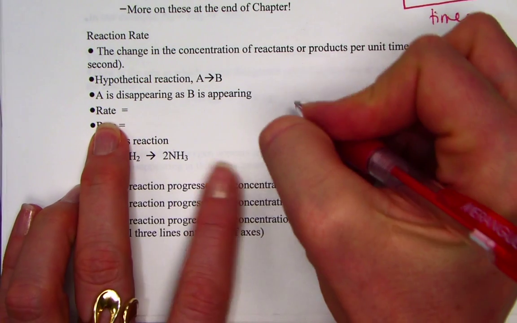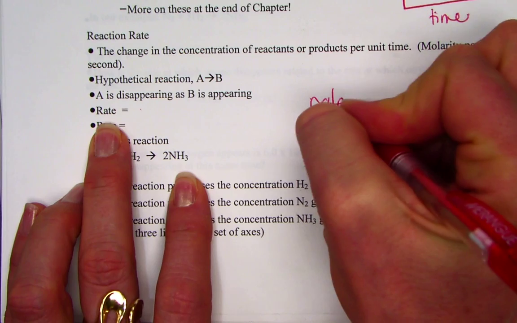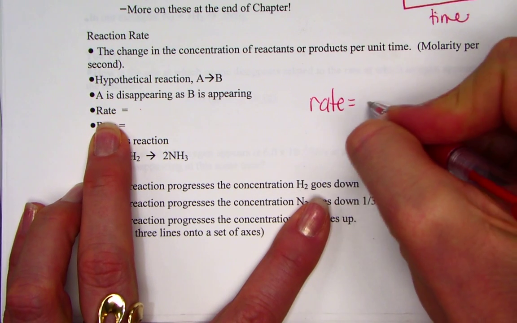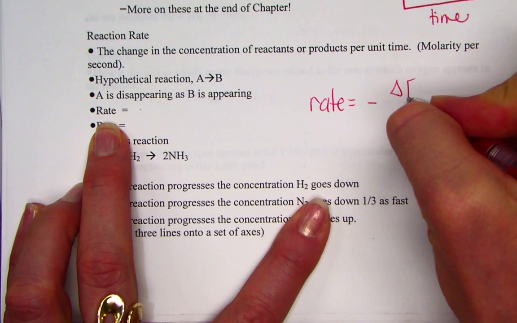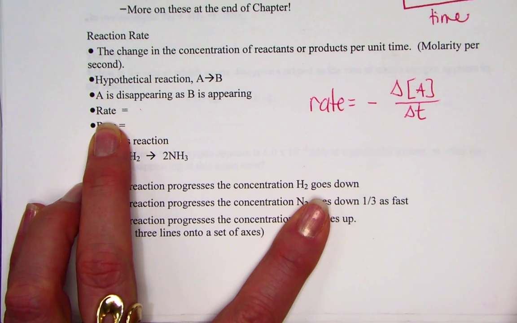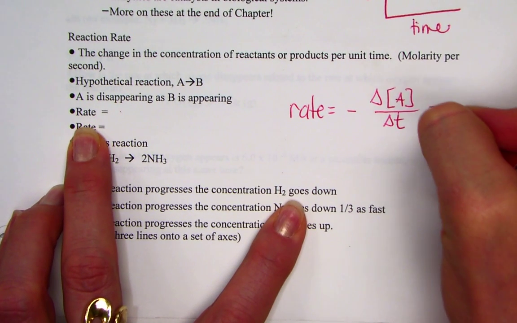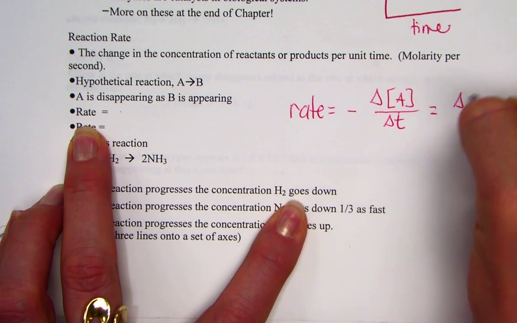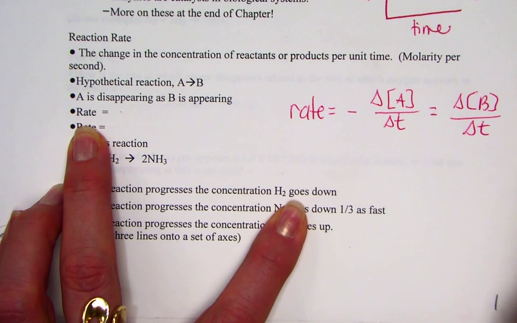If I think about how to express that, the rate is equal to the change, and that's the delta sign, the change in the disappearance of reactant A over a set time interval, delta T is change in time, which would be equal to the rate of appearance of the concentration of B over the change in time.